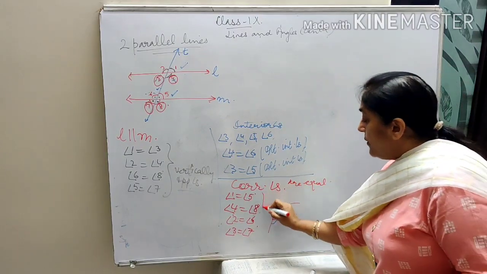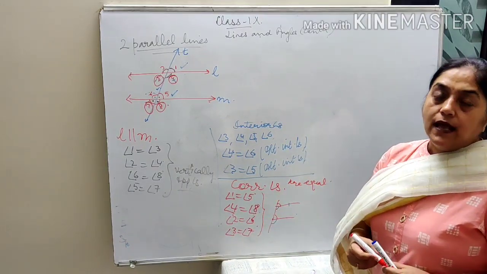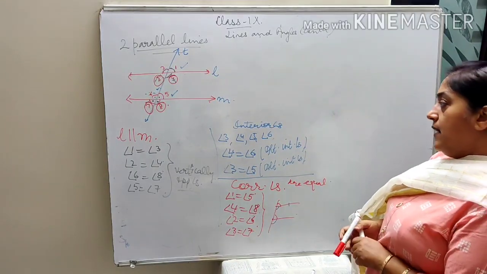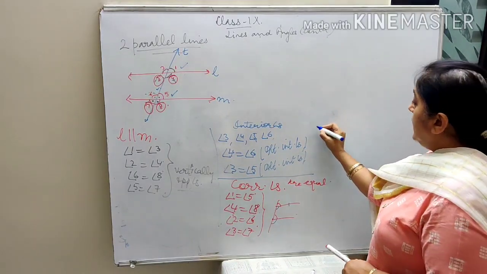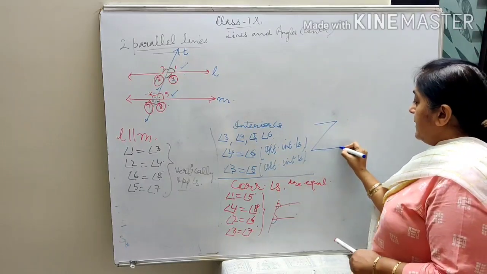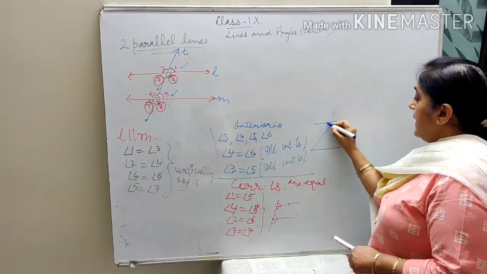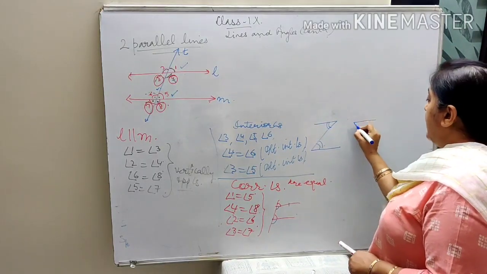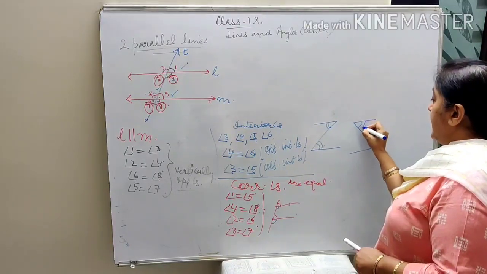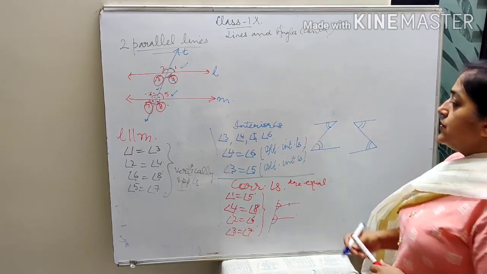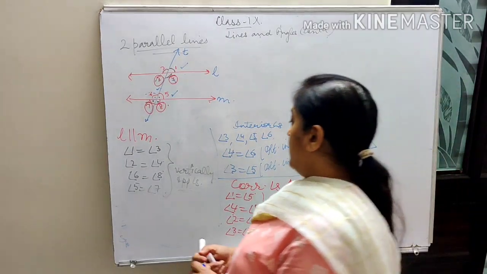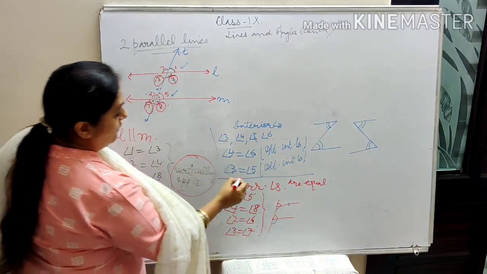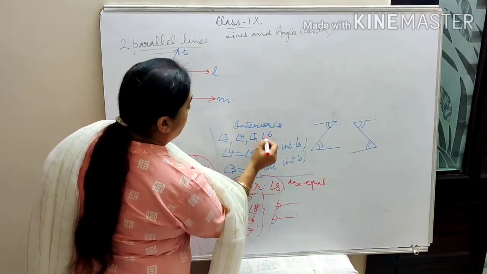There are 4 pair of corresponding angles, and when the lines are parallel, corresponding angles are equal. और जब हम alternate interior angles की बात करते हैं, obviously it is making Z, सीधा Z या उल्टा Z, right? So we have already spoken about vertically opposite angles. We have already taken up corresponding angles.